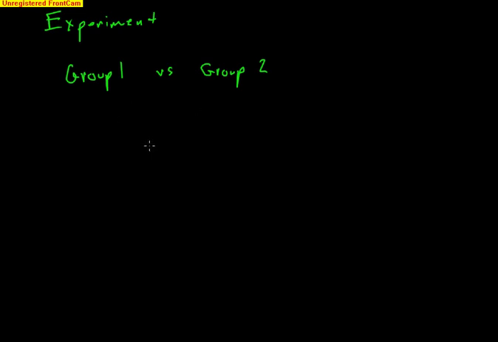With an experiment, the positives are that if it's done properly, you could actually say that X causes Y. So you can actually say that there's a cause and effect relationship. This new fertilizer will cause more growth. Not having a job after school will cause lower grades.